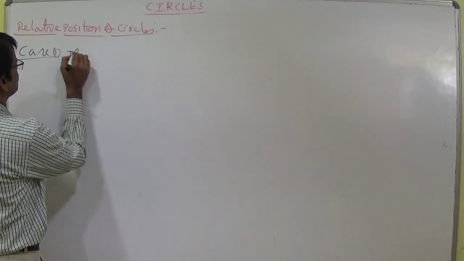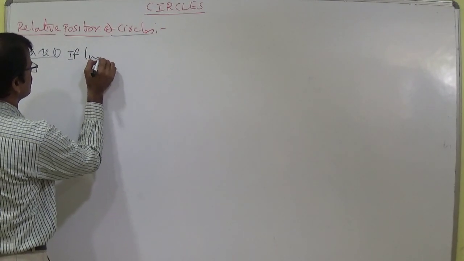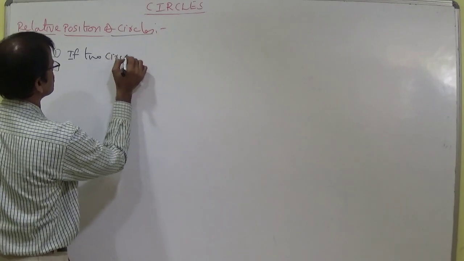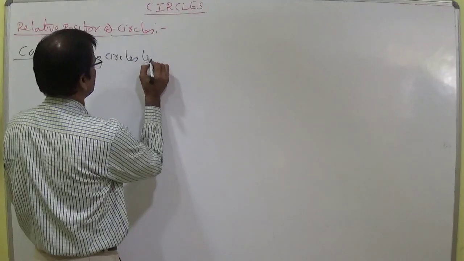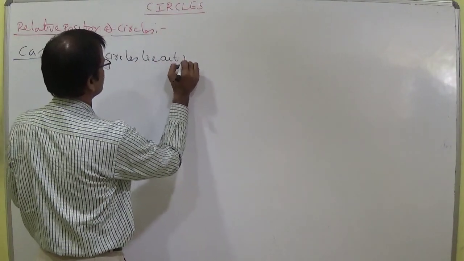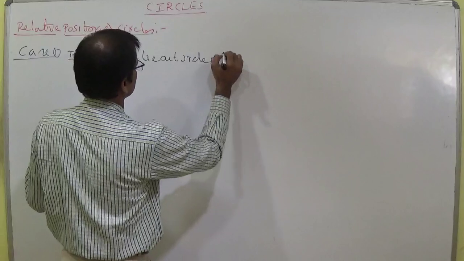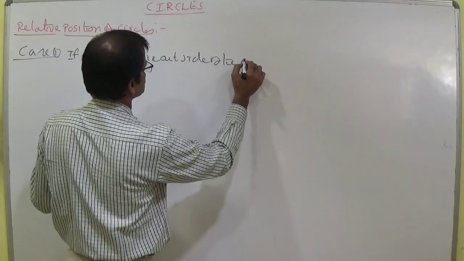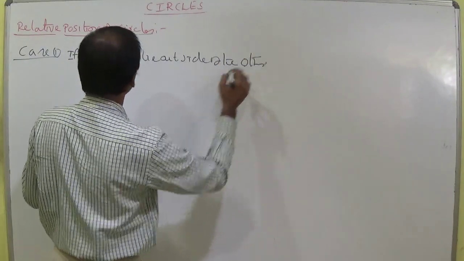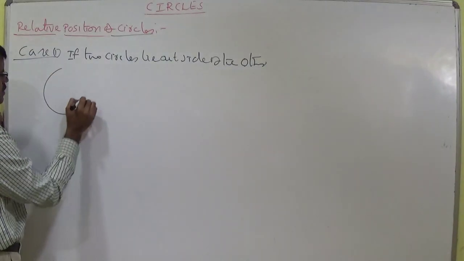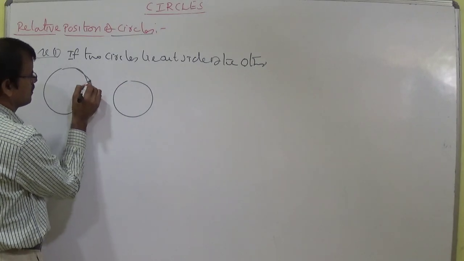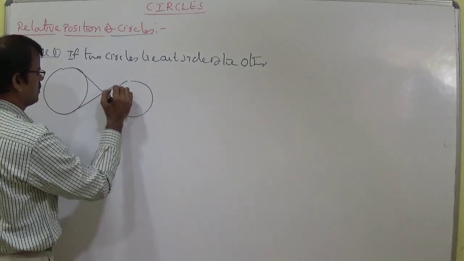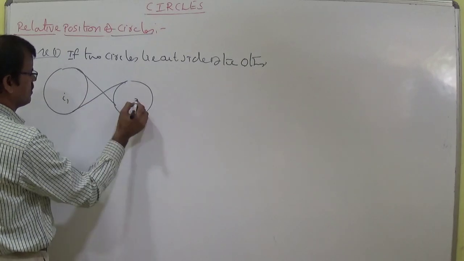Case 1. If two circles lie outside of the other, that is the condition. C1, C2.